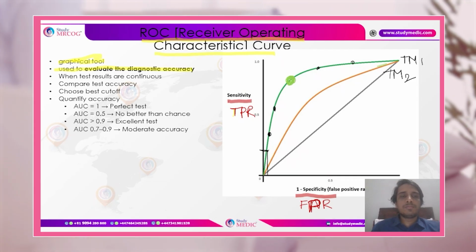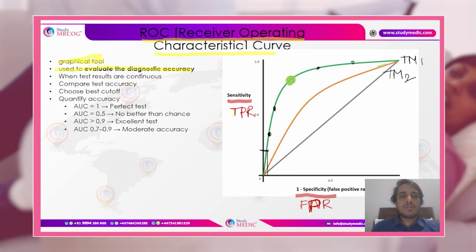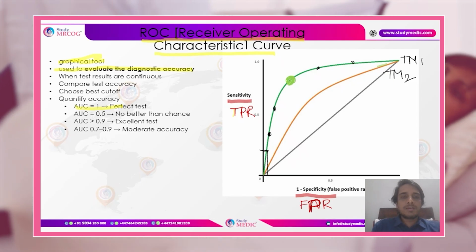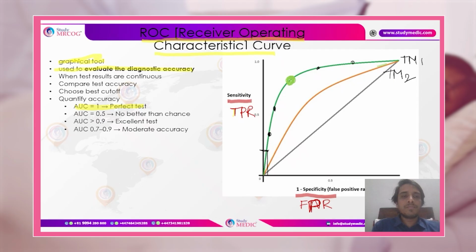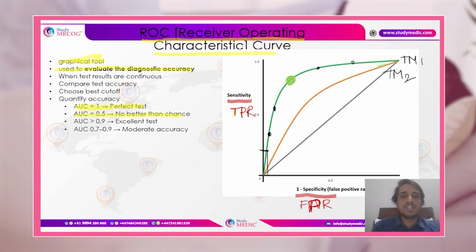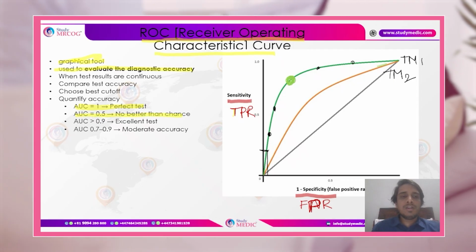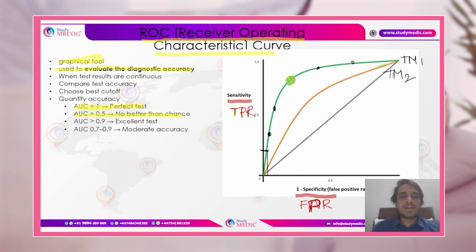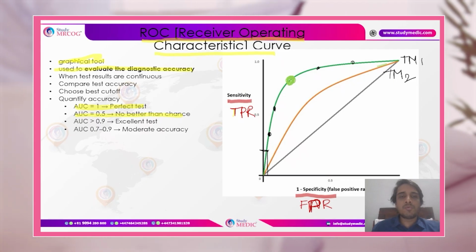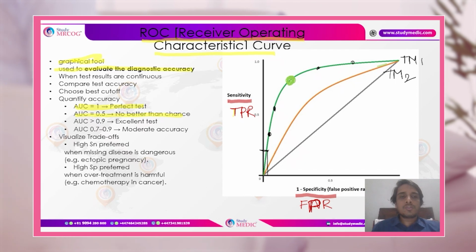If the area under the curve is 1, it is a perfect test. If it is 50%, it is no better than chance, an indeterminate test. More than 0.9 is an excellent test, 0.7 to 0.9 is moderate, and less than 0.7 is a poor accuracy test. So we can visualize trade-offs here.